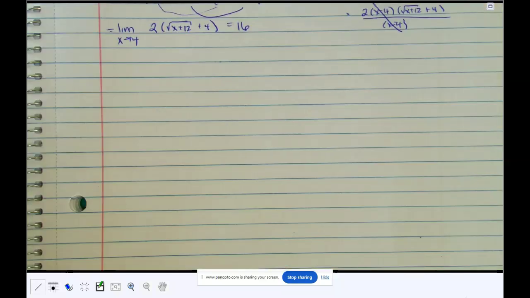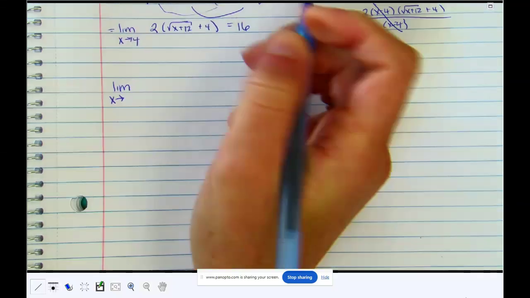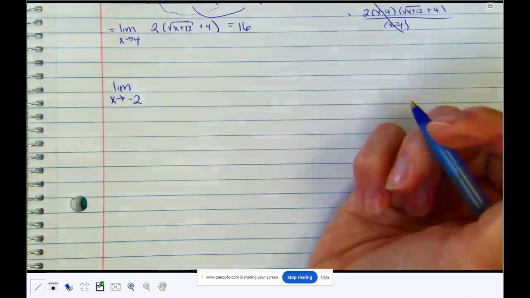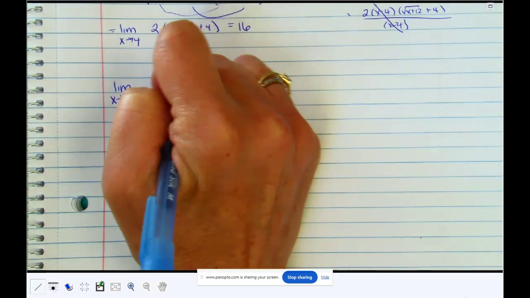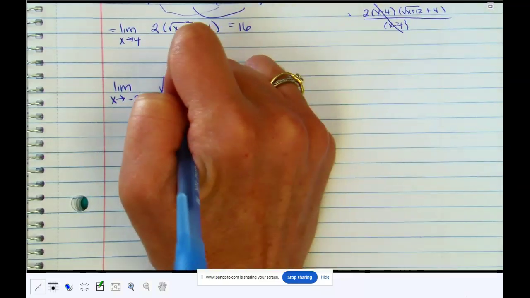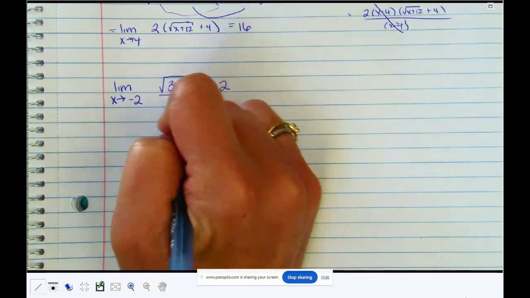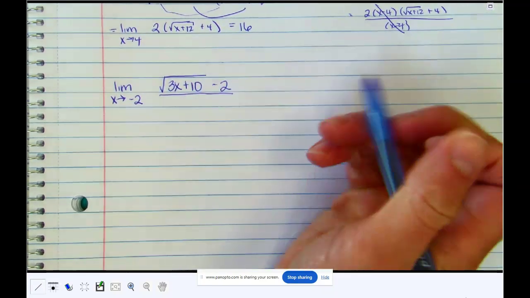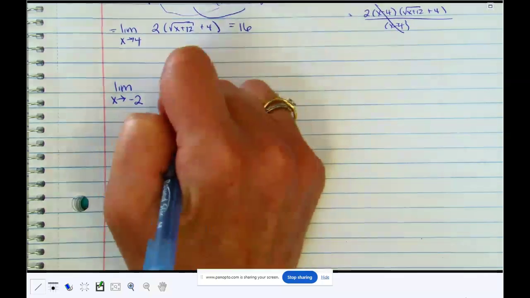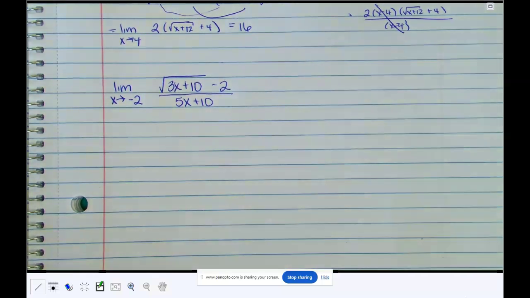Okay, last one. Will we ever have to do stuff with imaginary numbers? No, nope.